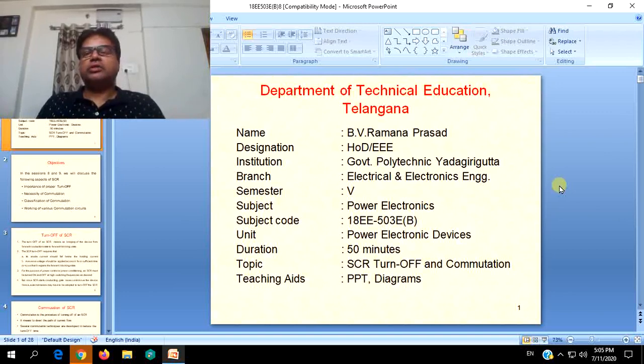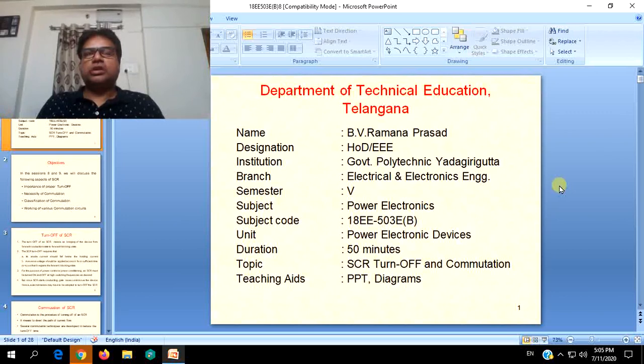And we pretty well know that to turn it on, either we have to reach the breakover voltage so as to bring it into on state, or we have to apply some positive voltage between gate and cathode so that it will enter into on state at lesser breakover voltages.